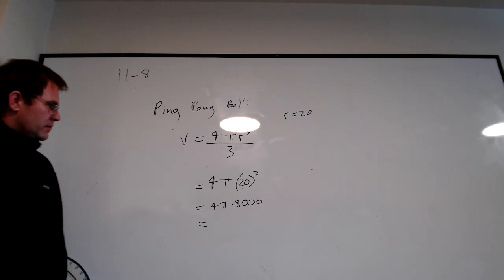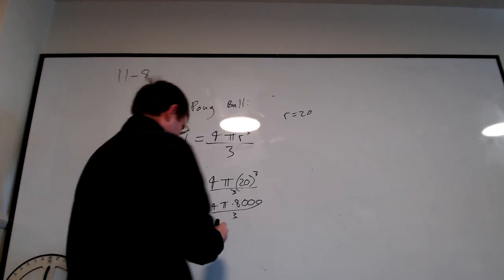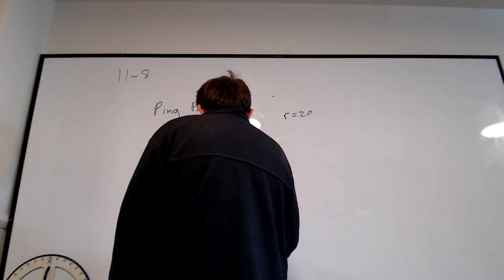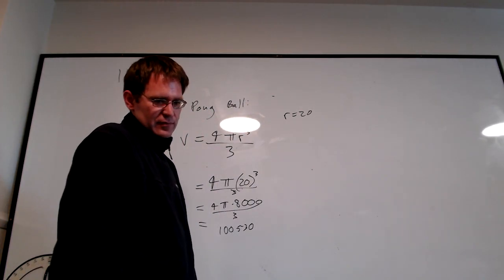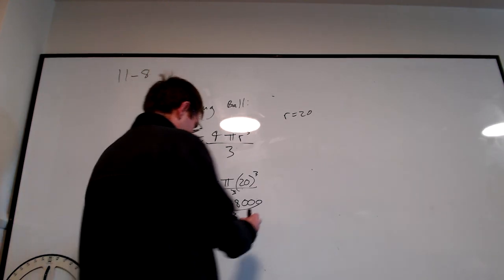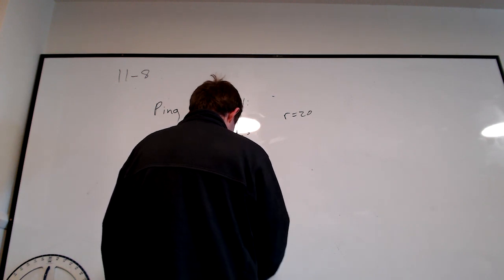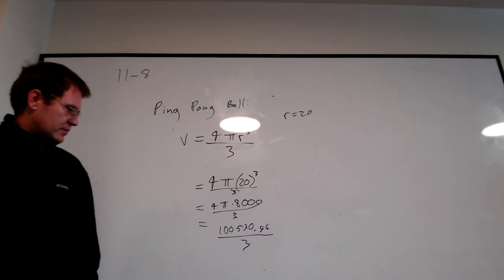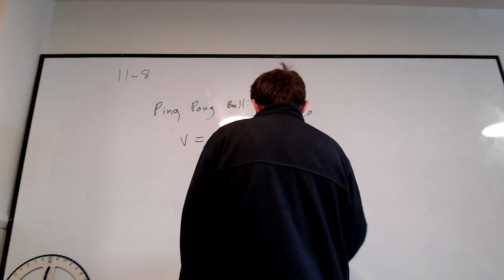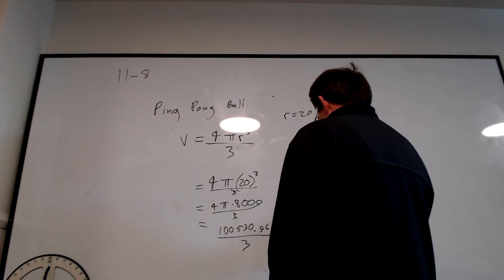I got 100,530.9649. Please don't interrupt, Marcy is doing this. Okay. What's that number divided by 3? 33,510.3.